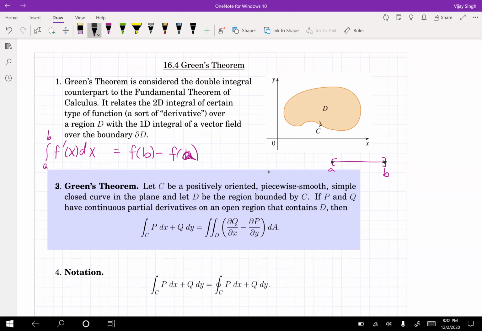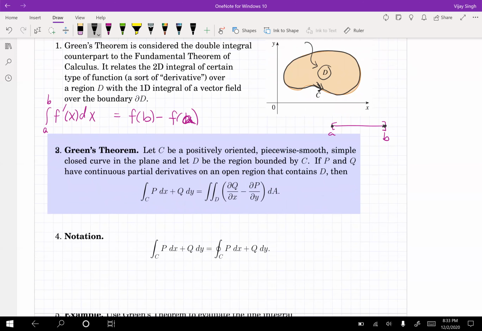So suppose you want to evaluate this line integral over this curve C, which is the boundary of D. It has a connection with a certain double integral over D. Okay, so this is the connection.